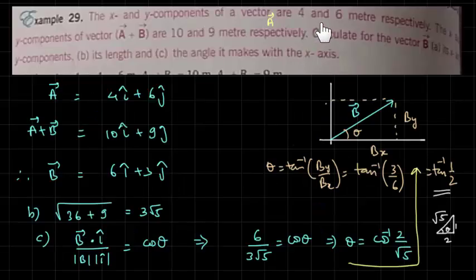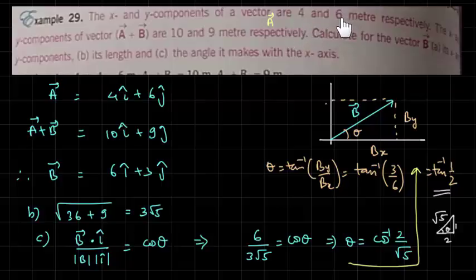X and Y components of the vector A are 4 and 6 meter respectively, and the X and Y components of A plus B are 10 and 9 meter respectively. Calculate the vector B and B's X and Y components, its length, and the angle it makes with the X axis. So there is a vector A which is given, whose X and Y components are 4 and 6.